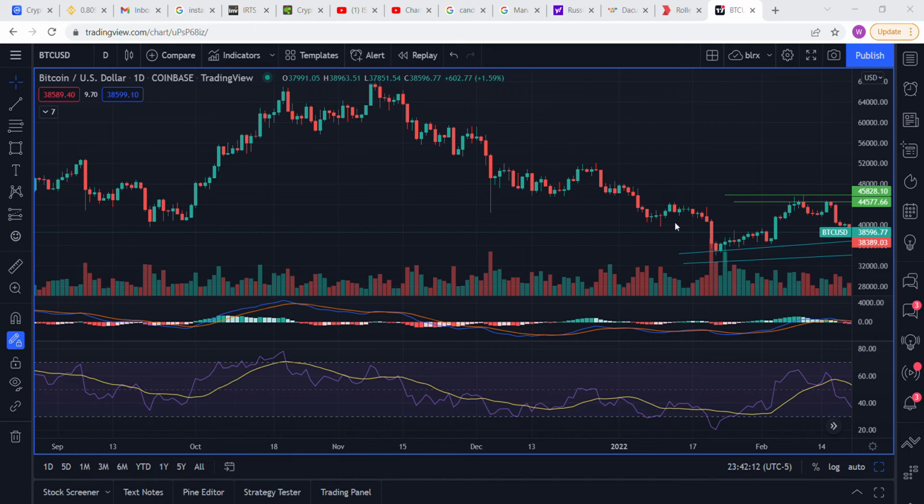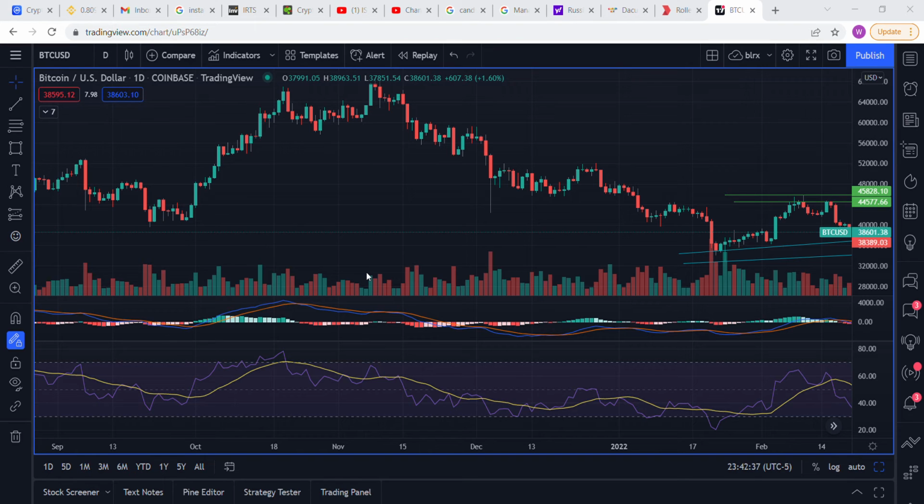If you see it bouncing off of a support and it has a, what's the one I like the most? I don't even think they have it on here. Oh, bullish engulfing. Man, is that one of the best candlestick patterns to see off of support?